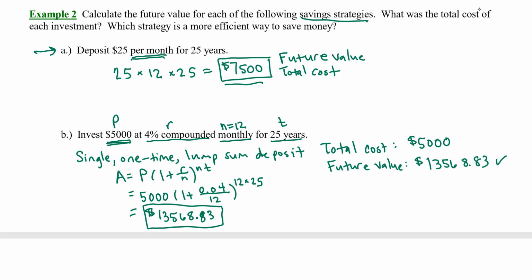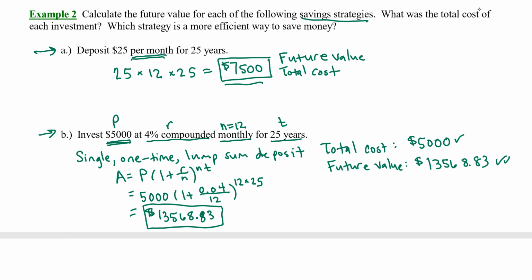Notice it is less than the future value of our compound interest investment. Also notice that it costed us more for that investment than the second option, right? $7,500 came out of our pocket in strategy A, but in strategy B, this higher future value only had a present value.